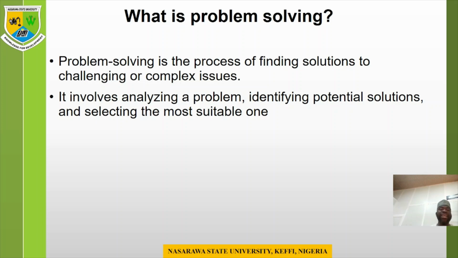So this is a systematic approach you can follow to solve any problem. Whenever there is an issue that you need to provide a solution to, the first thing is you analyze the problem. In the analysis of the problem, you need to define the problem, what the scope of the problem is, and what impact it has.